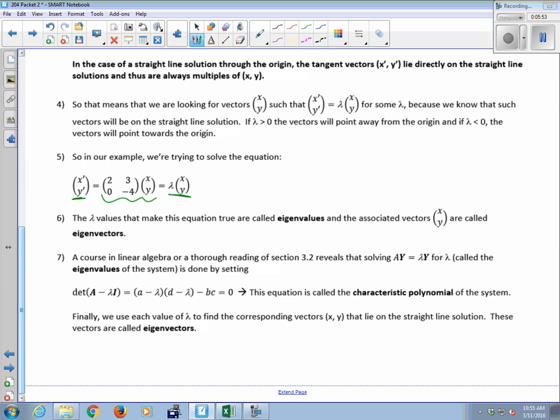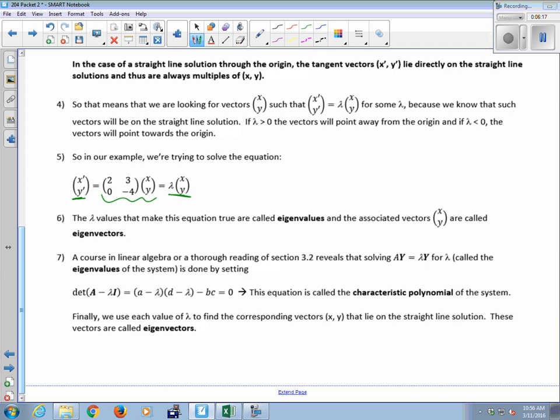A course in linear algebra, which most of you have had, or a thorough reading of section 3.2, so if you need a refresher, just read it carefully, reminds us that solving A y equals lambda y for lambda is done more easily by solving the determinant of A minus lambda I equals 0.